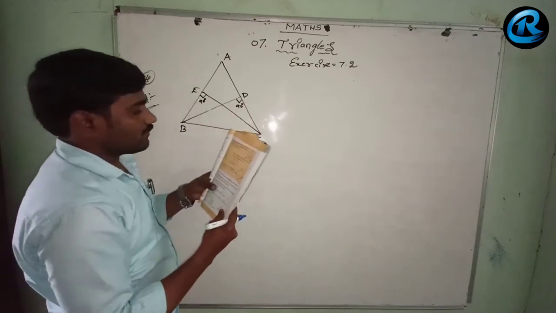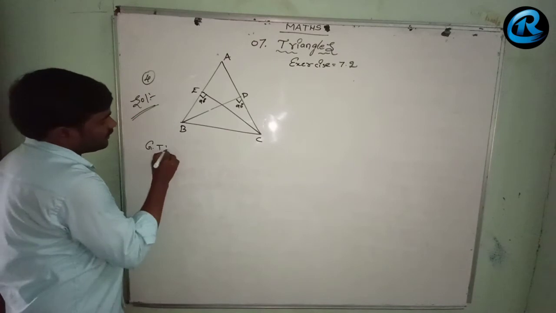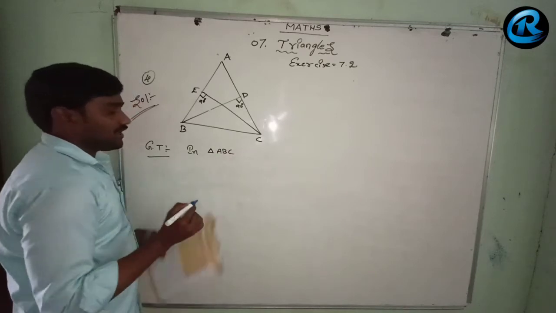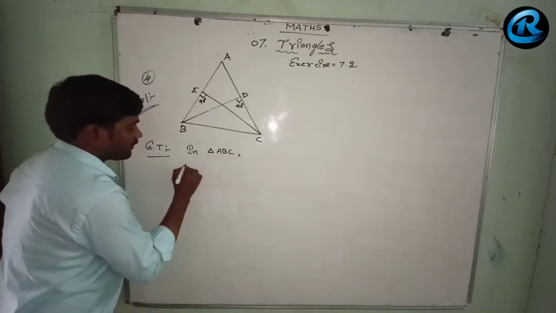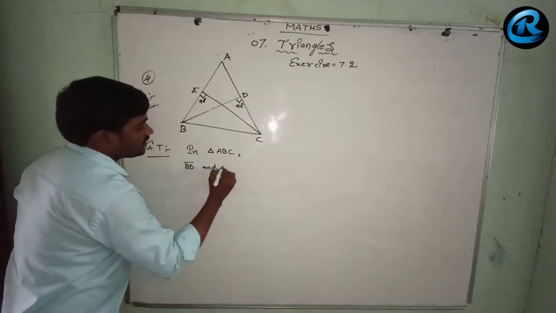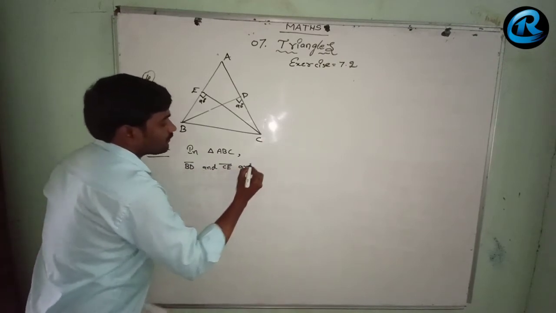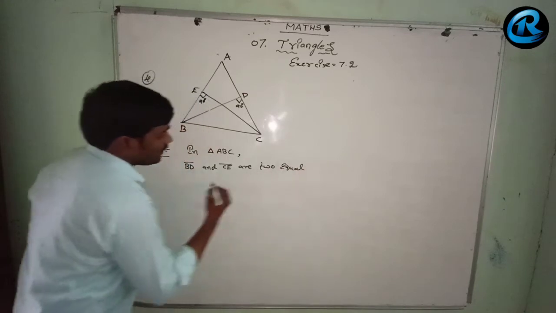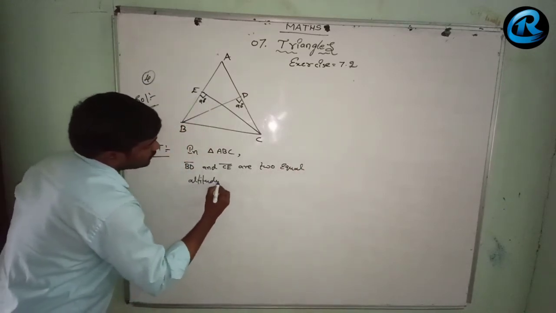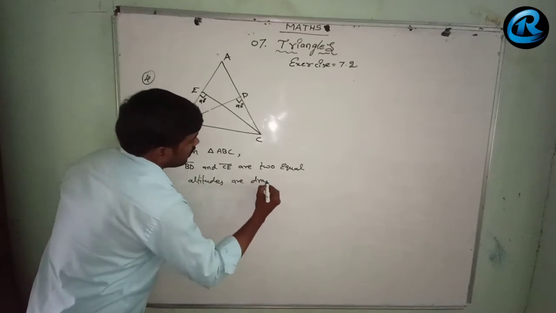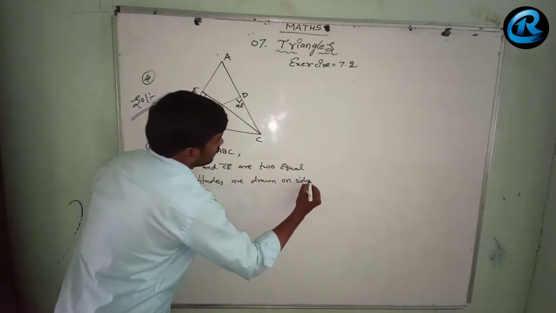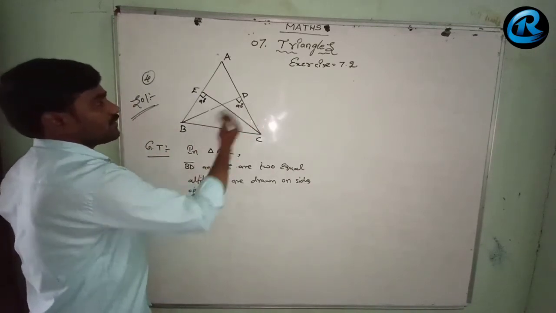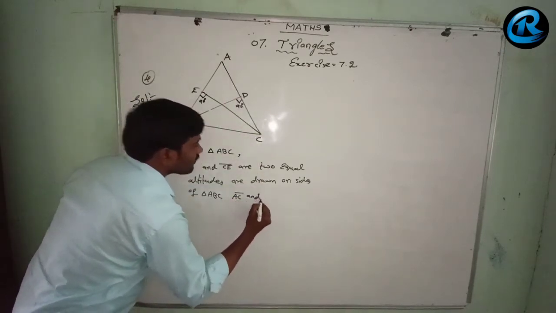So now in triangle ABC, given that BD and CE are two equal altitudes drawn on sides of triangle ABC, respectively AC and AB.